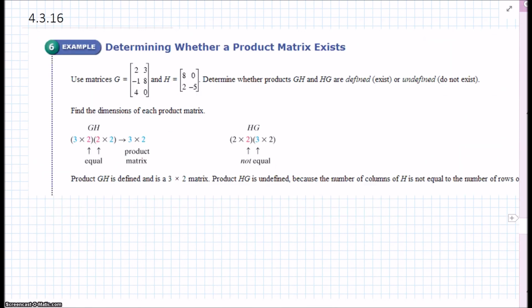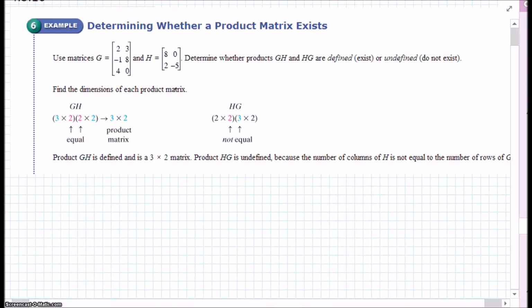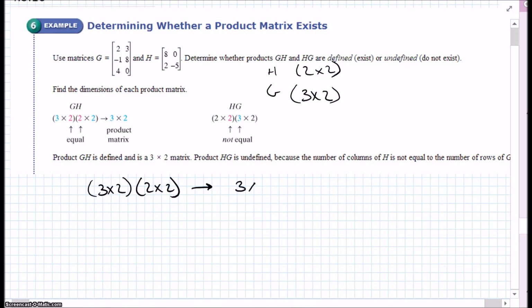So determine whether a product matrix exists. So matrix G and matrix H. G is a 3 by 2 and H is a 2 by 2. So can we multiply G by H? Absolutely. Because when we multiply G by H, I'm going to have a 3 by 2 times 2 by 2, which is going to yield me a 3 by 2 matrix.